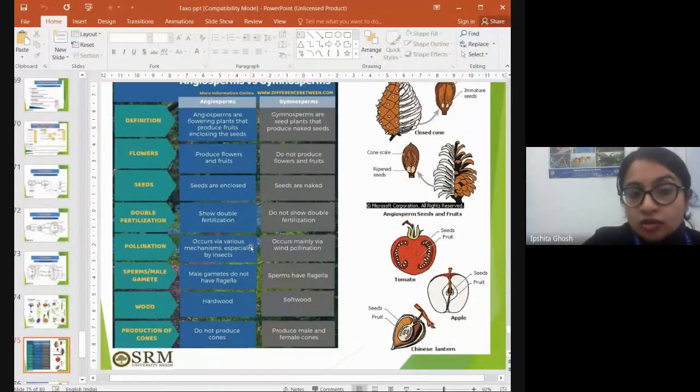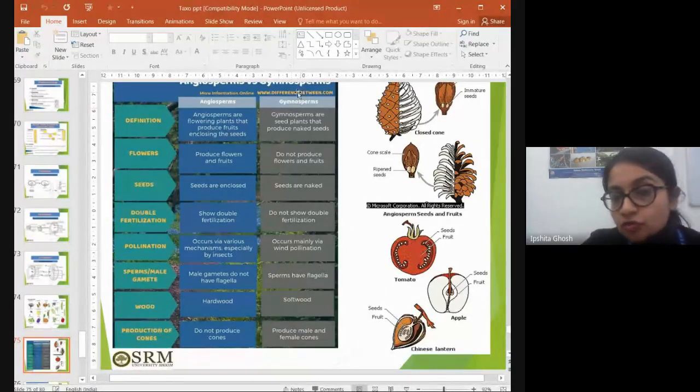Then, what about double fertilization? Double fertilization is another characteristic of angiosperms, but gymnosperms do not show this double fertilization procedure. So this is another important difference between the two. In the case of pollination, in angiosperms it occurs by various mechanisms, especially by insects, as we studied.